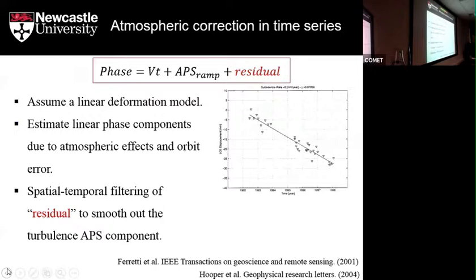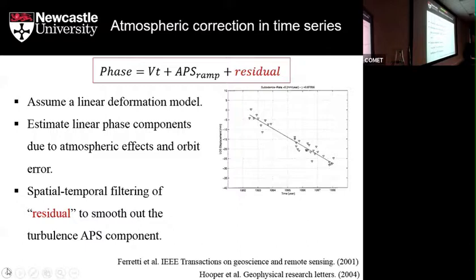This is a residual. If the atmospheric error is indeed random in time, we can filter out the turbulence APS component in the residual. So we can have a very high accuracy of velocity mapping. For example, in this figure, the residual seems to be very random. So we can estimate the velocity very easily.